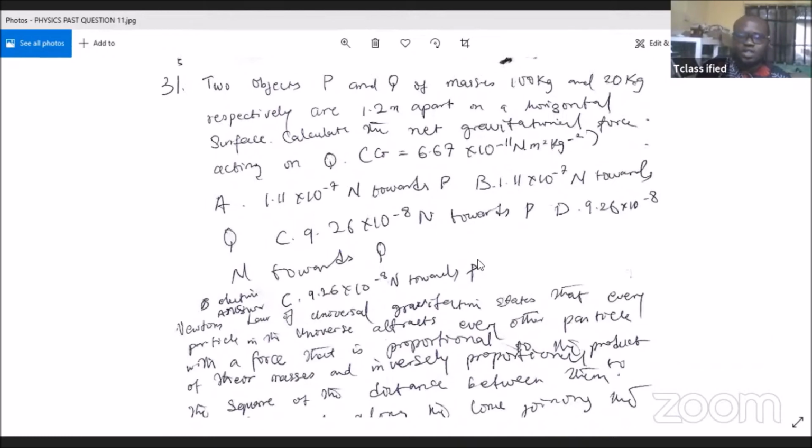Okay. So Newton's law of gravity states that they must attract each other. Every body must be attracting the other one. So the force acting on Q must be towards P, because you're talking about P and Q. If you're talking about the force on P, it should be towards Q. But if you're talking about the force on Q, it should be towards P, because the two of them have to be attracting each other.